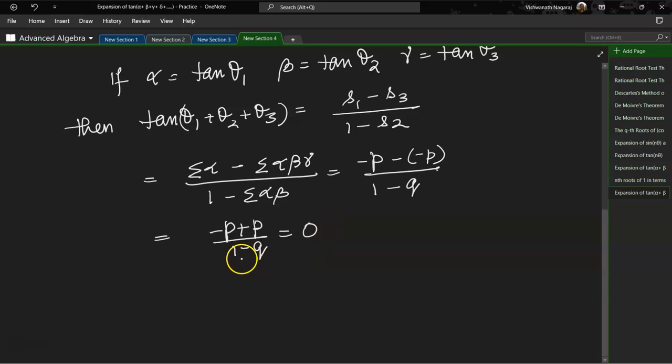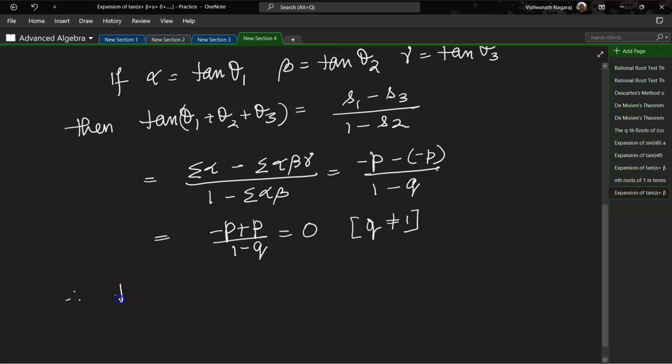But remember, q cannot be 1 because then the denominator will become 0. So therefore q is not equal to 1. That's the exception. Okay.